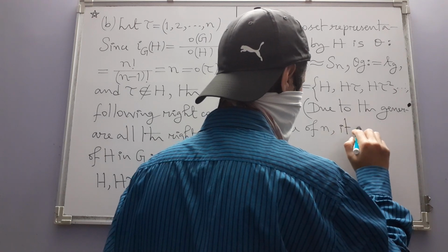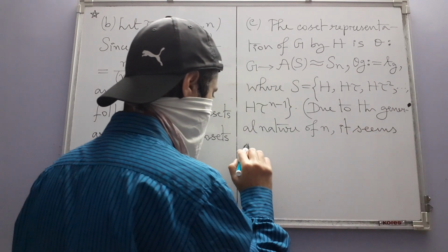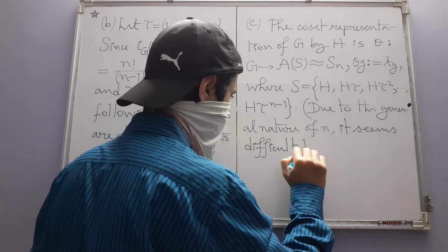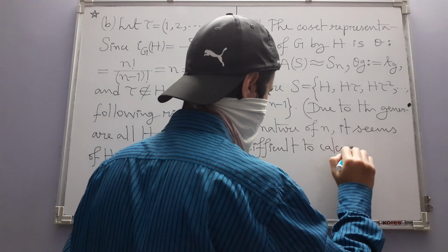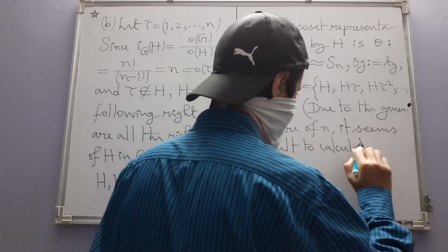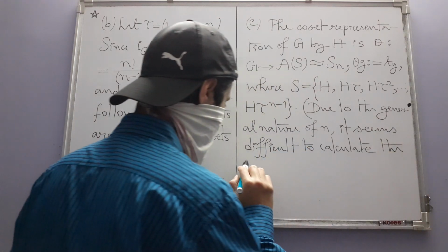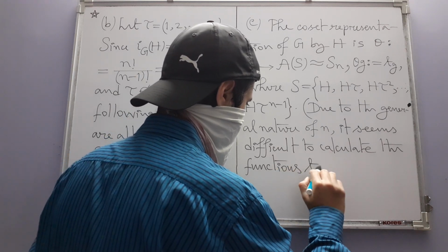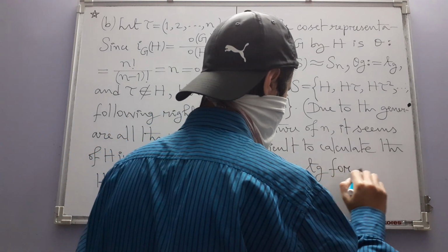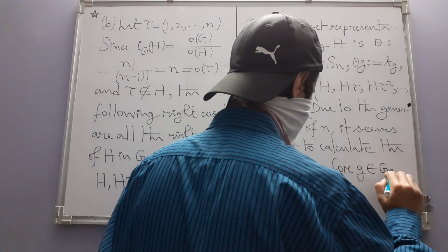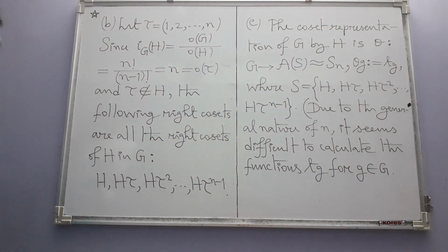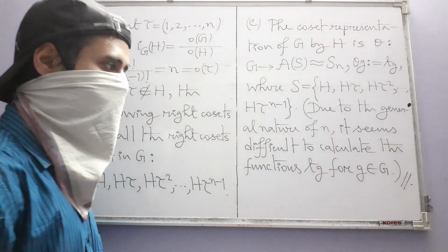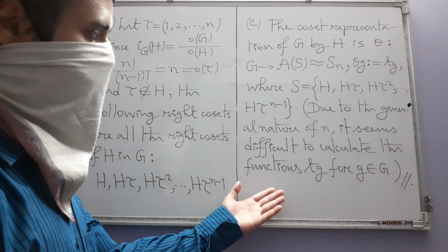It seems difficult to calculate the functions Tg for g belonging to G. So that is just my opinion about the situation, and I end things here with just this. But you are of course welcome to still think of it.